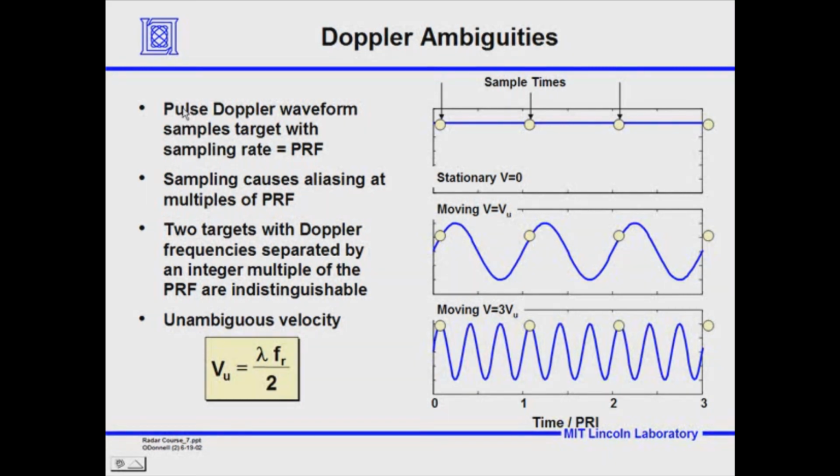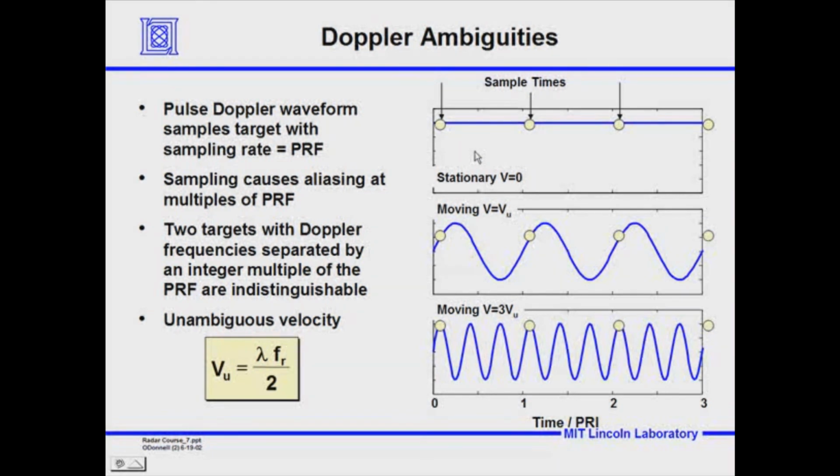So the Doppler pulse waveform samples targets with the sampling rate equal to the PRF. That sampling causes aliasing at multiple PRFs. That means that there'll be a folding down, that a target moving at the unambiguous velocity appears like 0. 3 times the unambiguous velocity appears like it's not moving at all.